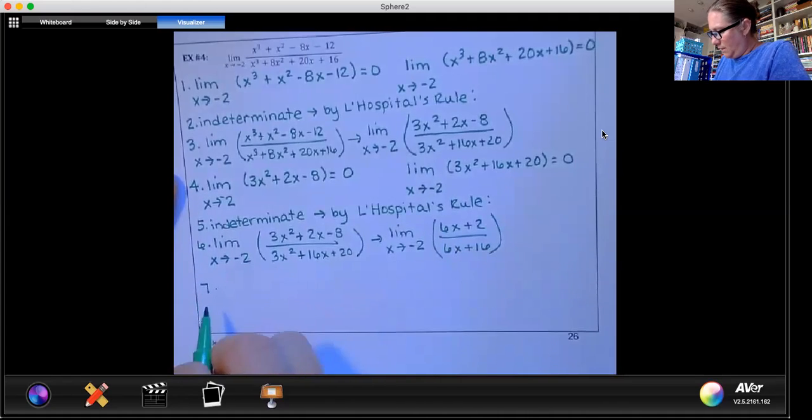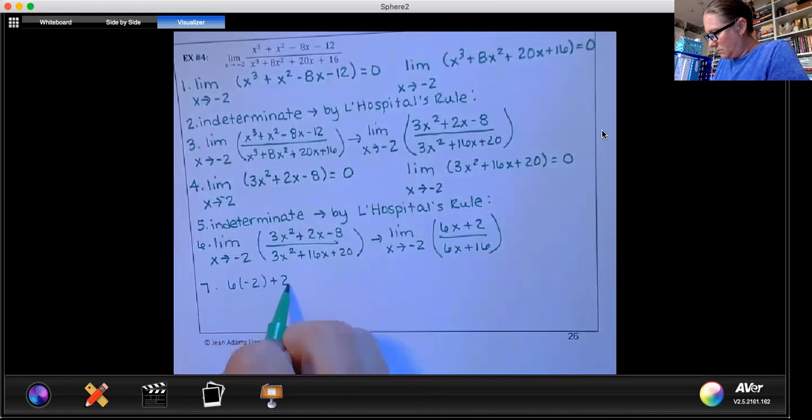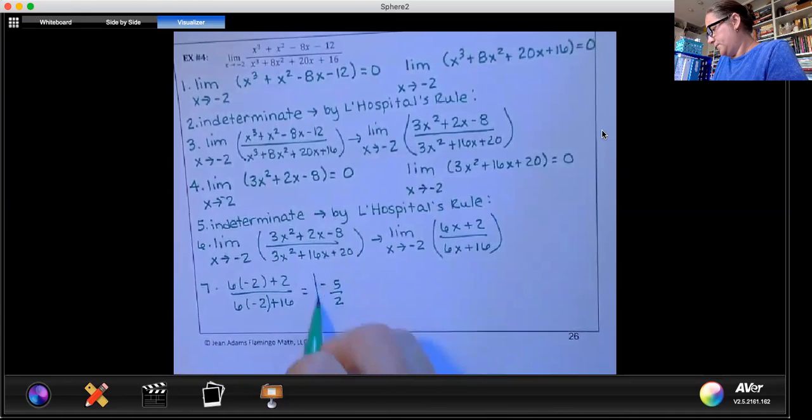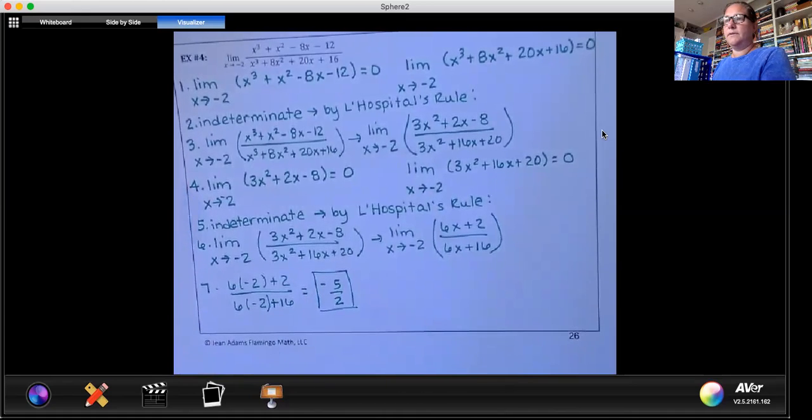This time we should be able to plug in -2. And get -5/2. So sometimes you just have to repeat the process to find your limit.